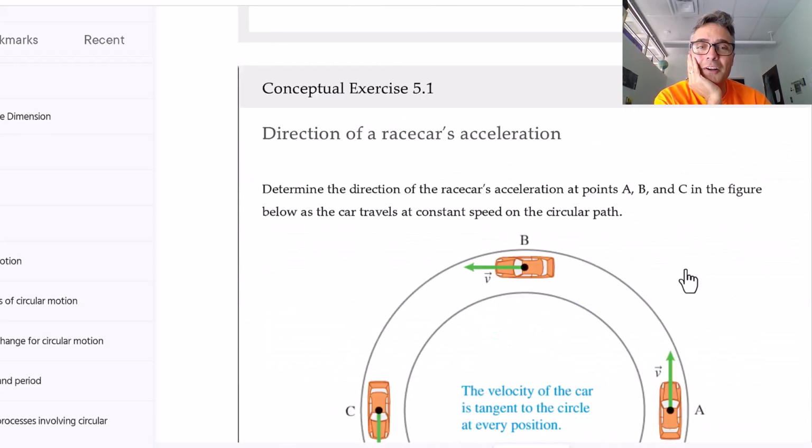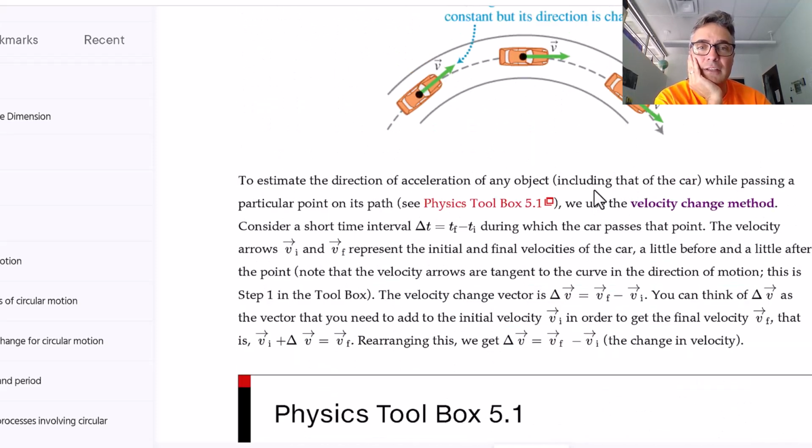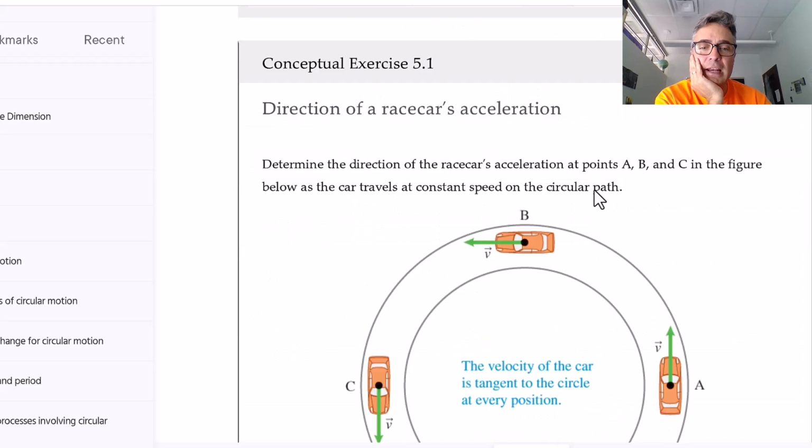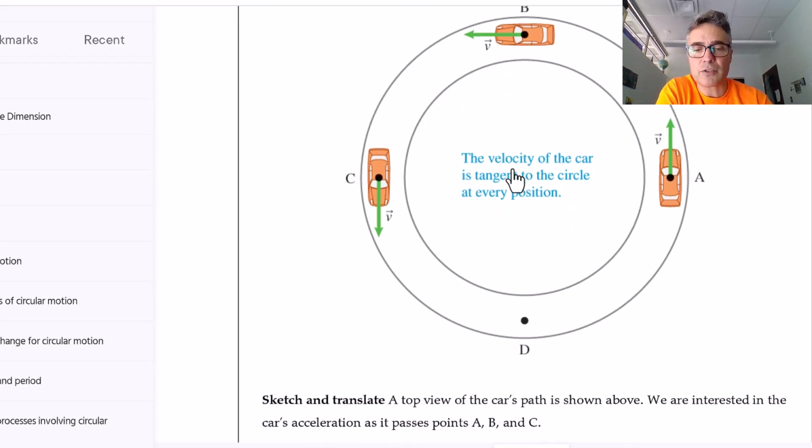So you really need to work through this physics toolbox and try to understand what the delta V is. But when you figure that out, it's really awesome, because the delta V is always, for any two little points on a circle, pointing towards the center of the circular path.